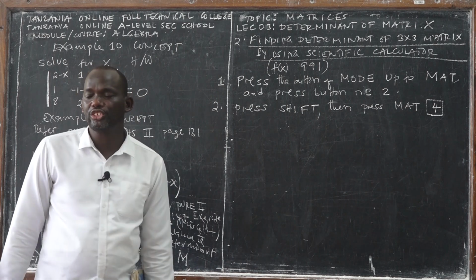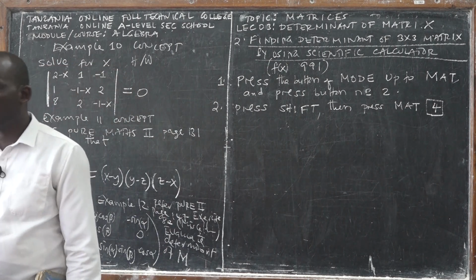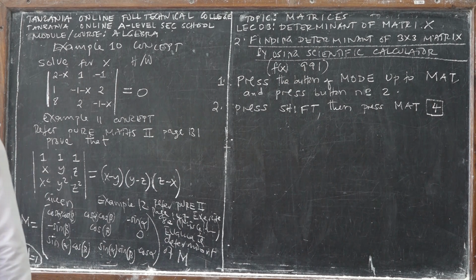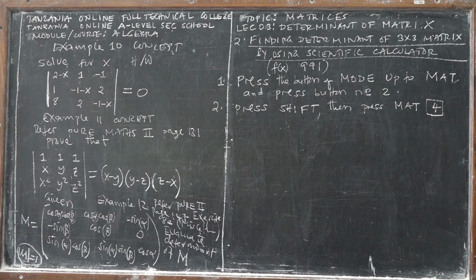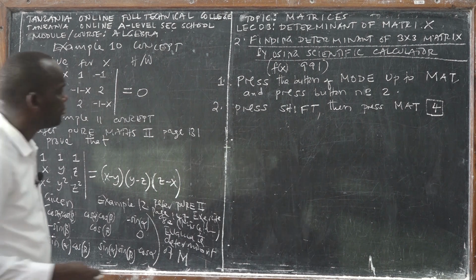It's an abbreviation of dimension. So the matrix that we want to deal with is 3 by 3. So the dimension of our matrix is 3 by 3. So M represents rows, N represents columns.